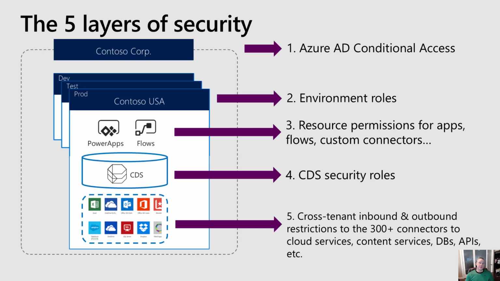So the idea is you've got these different layers that you can rely upon to address different concerns that you might have. And you can choose to implement some, and others are going to be enabled by default. But the reality is that you've got multiple layers that you can actually depend upon to ensure your users are not going off the path that you want them to, and that your data remains secure inside of your tenant.